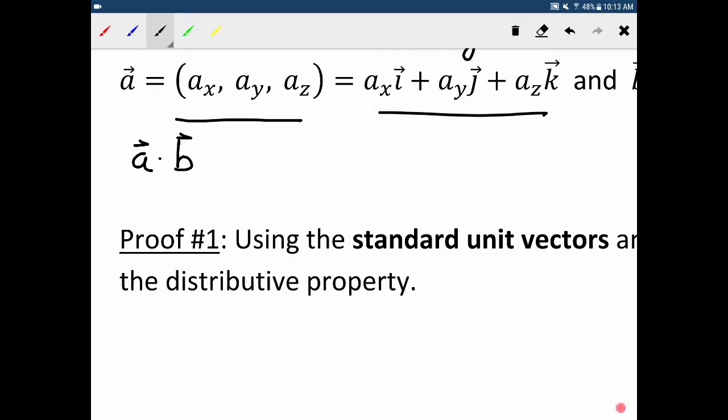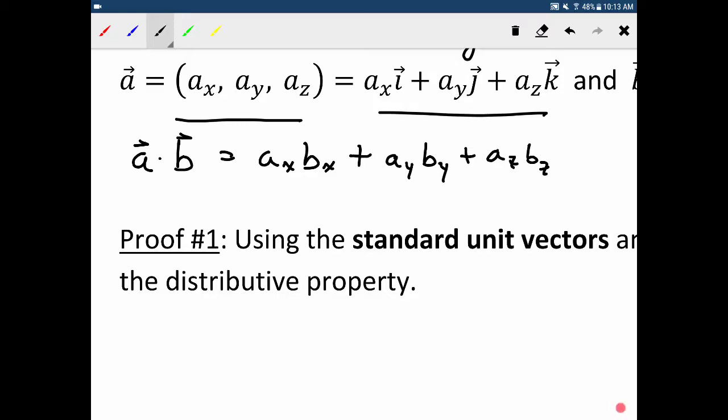But the dot product is just, you take the x components, so we have ax, and you're just going to multiply it by bx. So you multiply the x components, and you just add it to the multiplication of the y components and the z components.